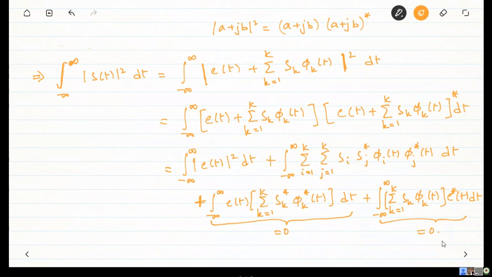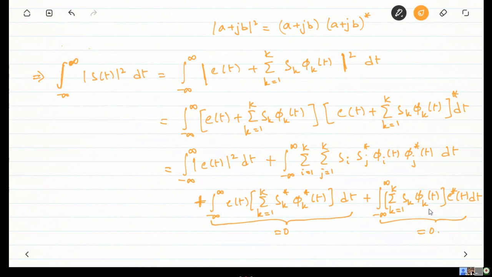Why? So think about this for a minute. Why am I saying that this integral, e of t multiplied by this term, goes to 0, and this multiplied by e conjugate of t goes to 0?